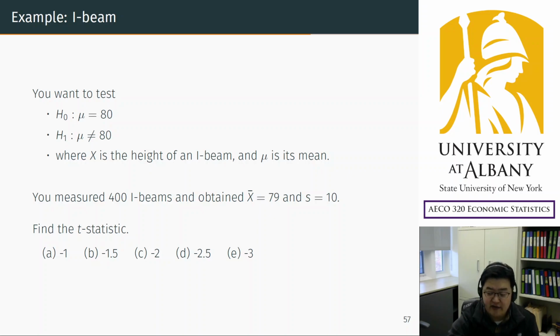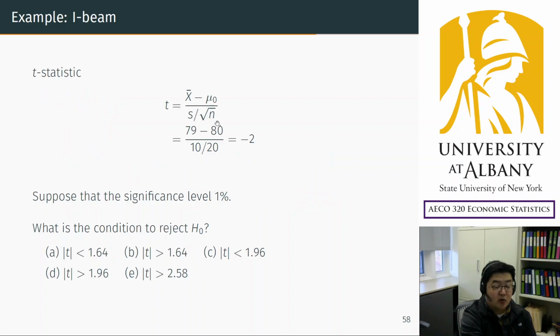So the first thing we have to do is to standardize the difference. It's a -1 difference, and for the t-statistic, you have to standardize it. Do it. All right. Stop if you have not finished your work. The answer is: the difference is 79 minus 80 divided by s over square root n.